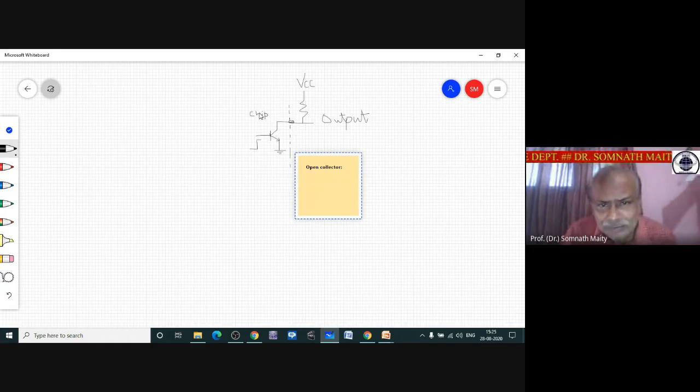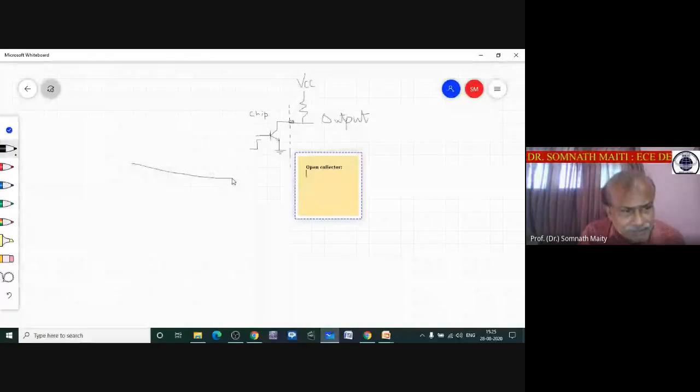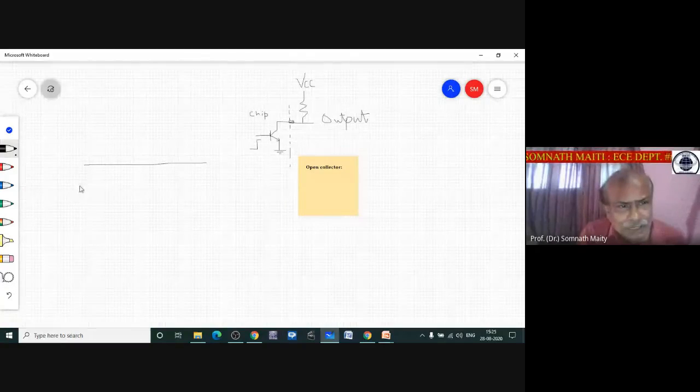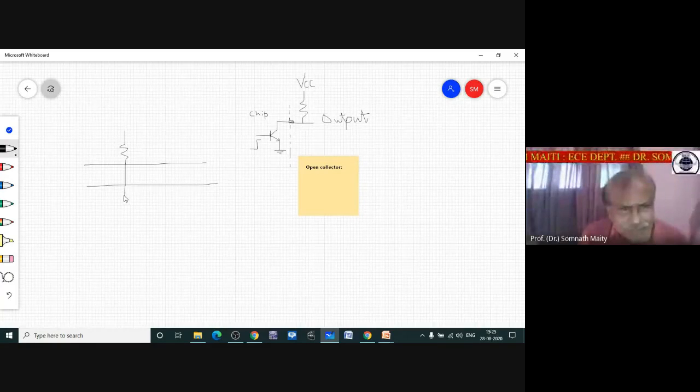Let's say you connect multiple such devices here. You have a line like this, and you connect a resistance, and from here transistors are connected.